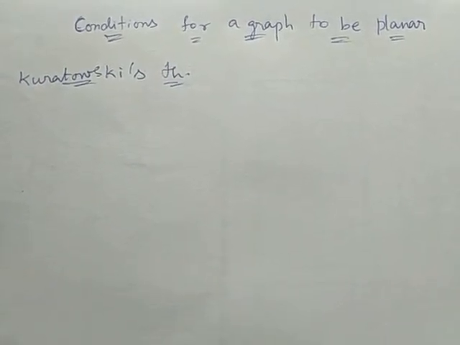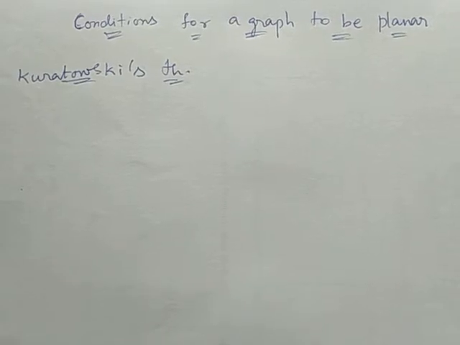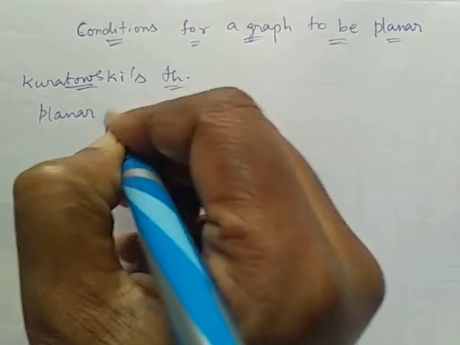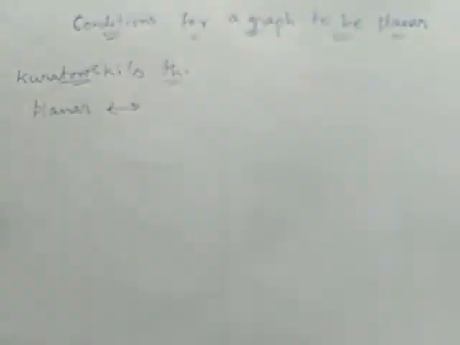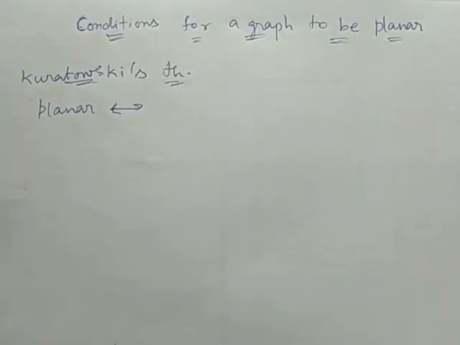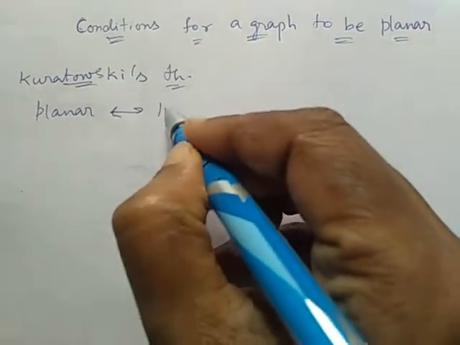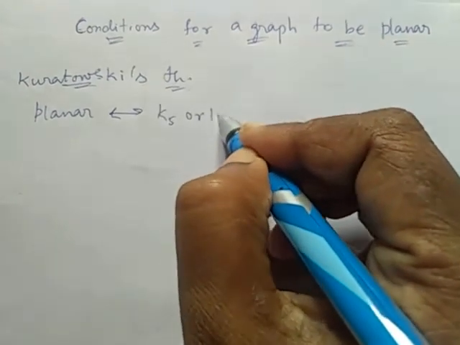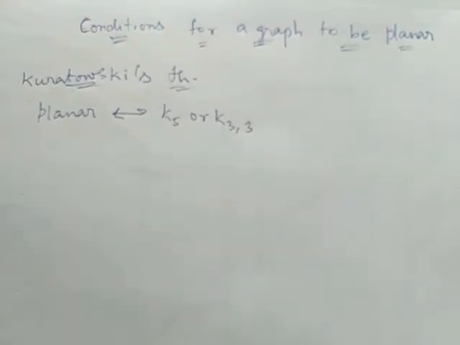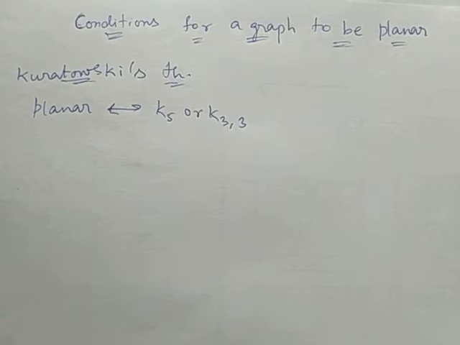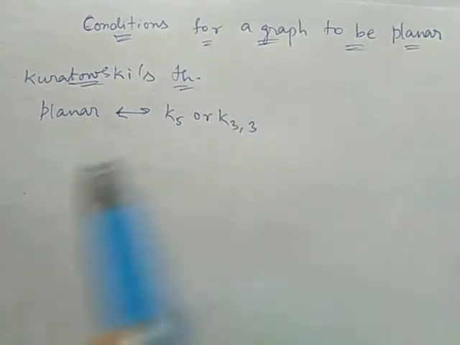What the theorem states is: a graph is planar if and only if G does not contain K5 or K3,3 or subdivisions of K5 or K3,3 as a subgraph.